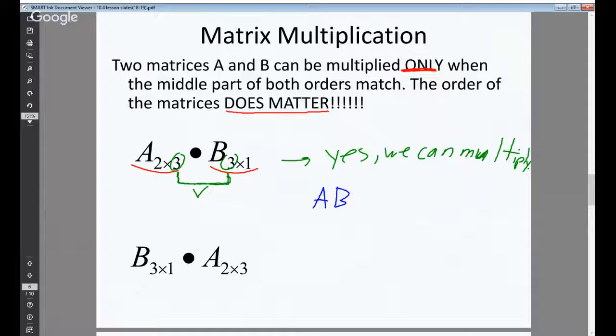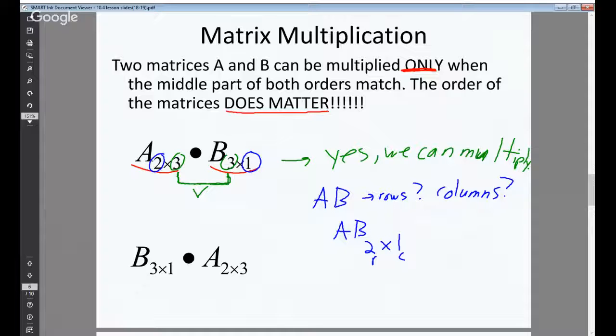What would be the dimensions? Or in other words, how many rows and how many columns would my final product have? And that, ladies and gentlemen, is answered with the outer dimensions, meaning that when you multiply A and B, it should have 2 rows and 1 column.